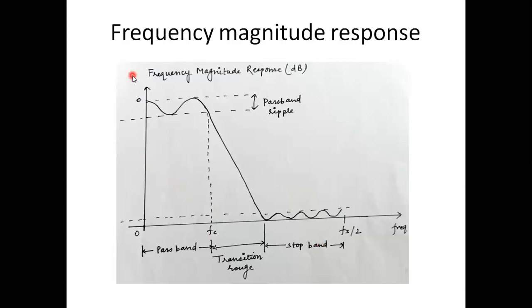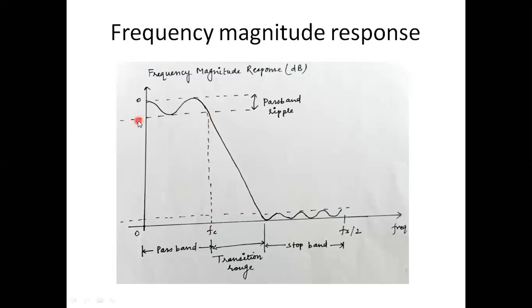So now see here. Here the maximum is 0, and from here to here is the passband ripple. This is the magnitude, actually Kp, the passband gain, and corresponding to passband gain, you will be having the passband cutoff frequency. See here, this passband cutoff frequency.